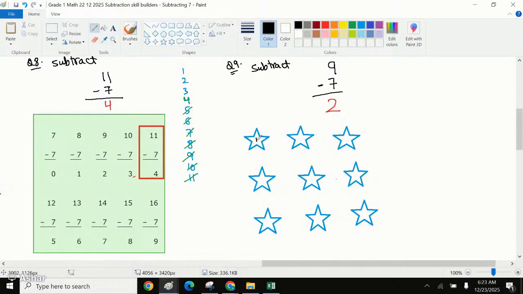Let's number them. 1, 2, 3, 4, 5, 6, 7, 8, and 9. We already know the answer. We are just trying to confirm. So we start removing. We remove the last one, second, 3, 4, 5, 6, 7. So how many stars are left unshaded? 2 are left, right? That means 9 minus 7 is 2.